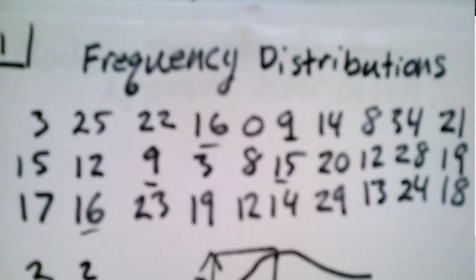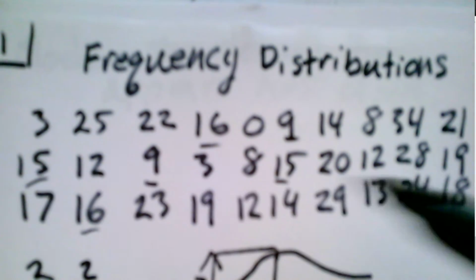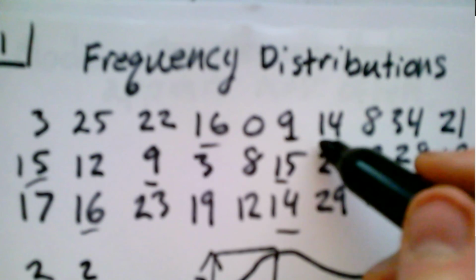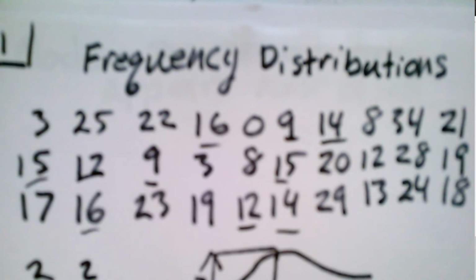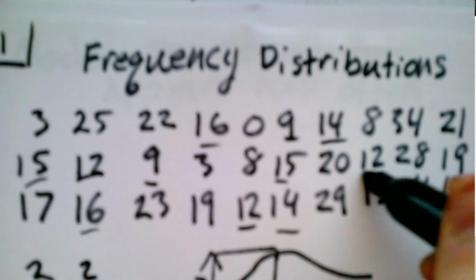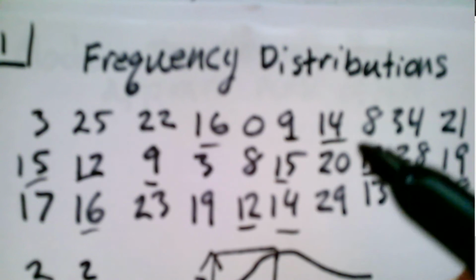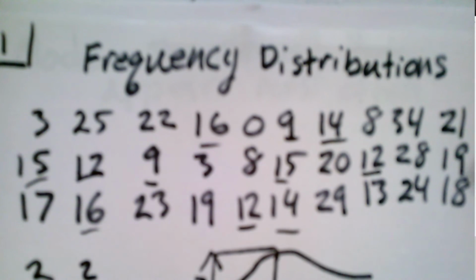There are 2 15s. Is there anything that occurs more than that? 2 14s and 2 12s. Ah, there are 3 12s. 1, 2, 3 12s. So now we have to beat 3 of something to have a mode.